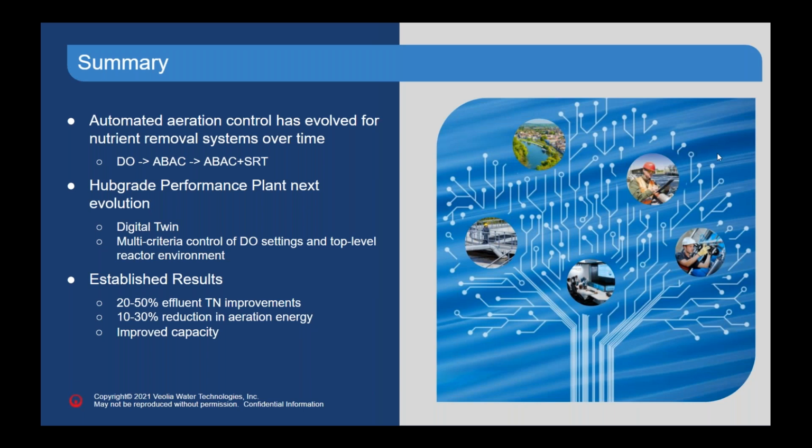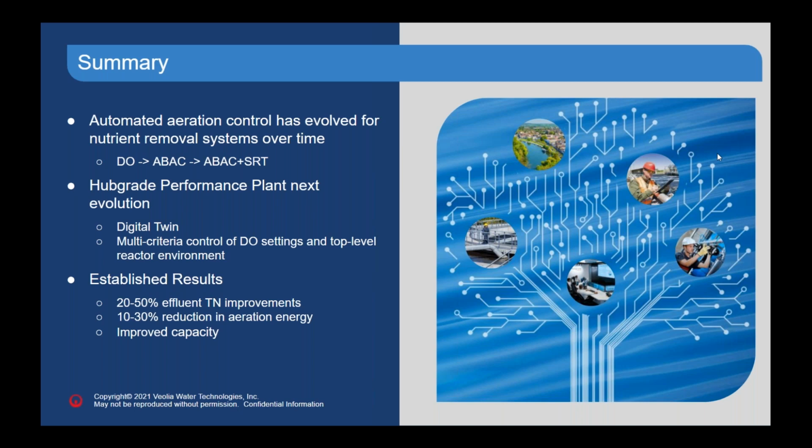So in summary, we've seen that automated control in our aeration systems, particularly when we're doing nutrient removal, has evolved over time. A lot of systems out there today are still operating okay with just DO control.